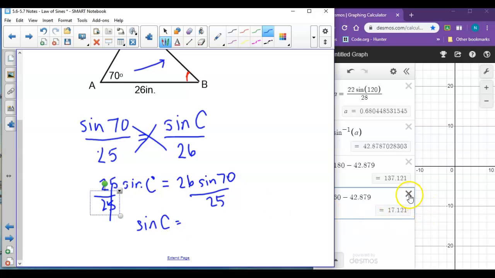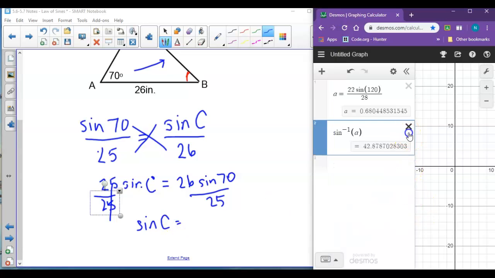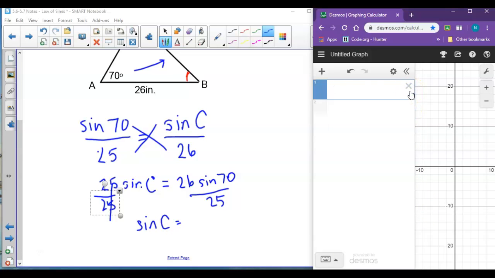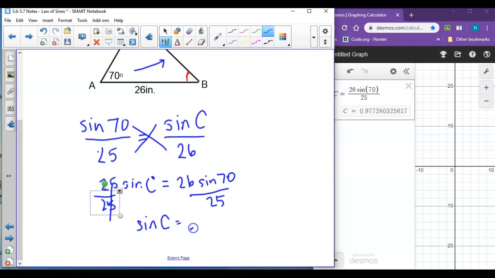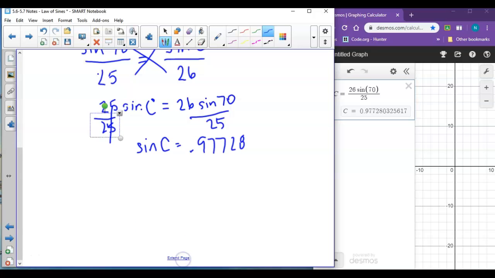equals, and let me get rid of all this stuff from the last problem. We're going to have sine C equals 26 sine 70 over 25. And we're going to get 0.97728. And so we need to do sine inverse.